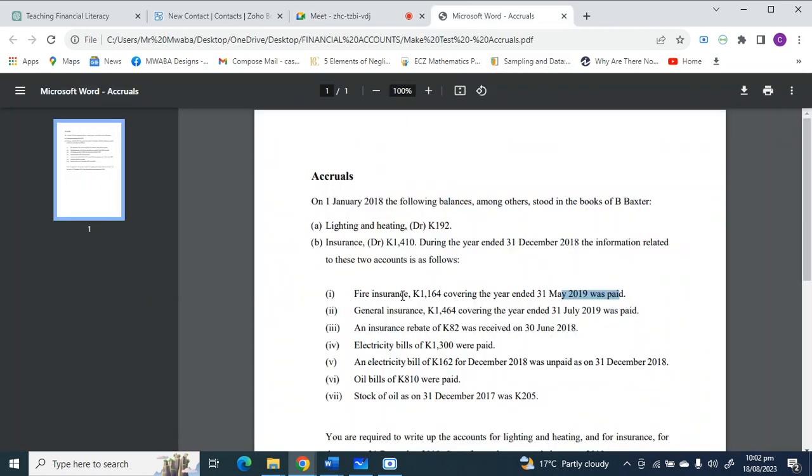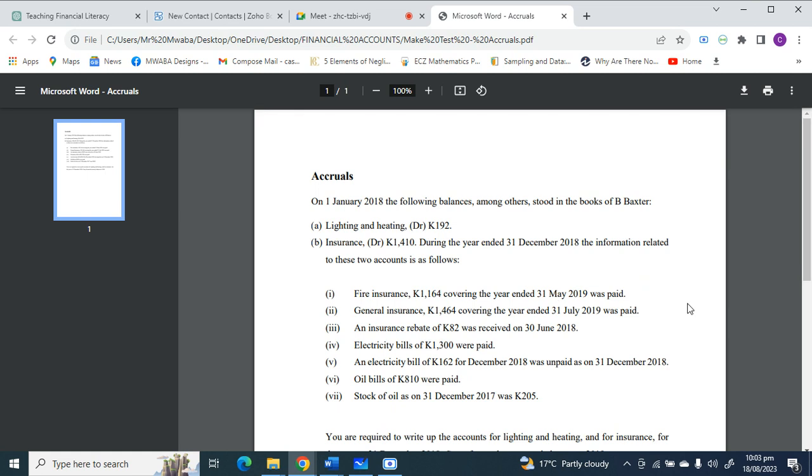You paid on 31st December for this fire insurance, which is going to run up to May 2019. This is the first instance of a prepayment.